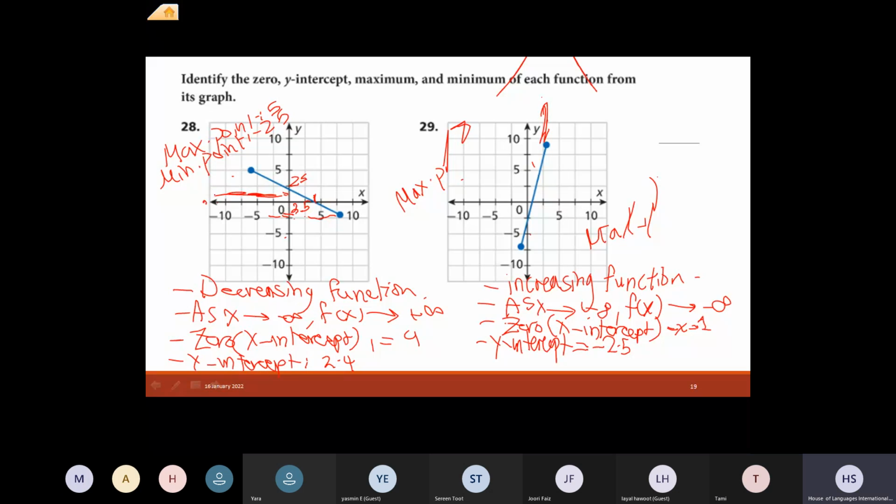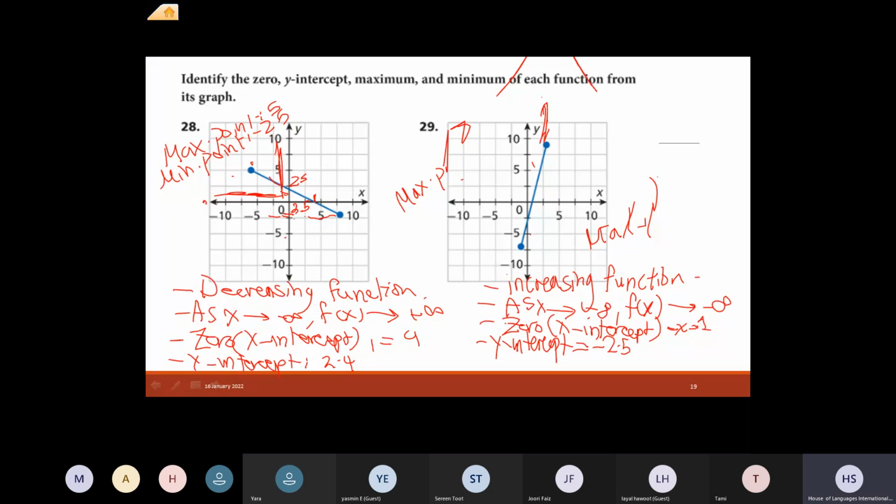Right, now look at here. It's going to be between this quarter and this one. As x goes to negative infinity, where is y? Negative or positive y?